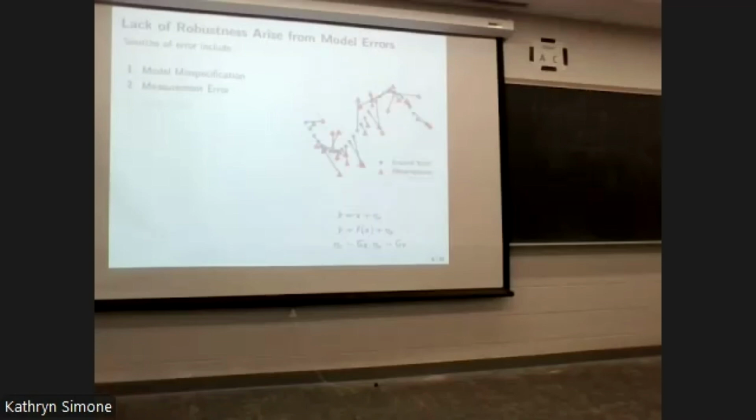Measurement error is another place that these errors can arise. The truth again is the blue dots. Then we have these corrupted observations, and in the model that we're training, these are the only things we see. We don't really see the truth. The model is going to try and fit these observations, assuming normally distributed error.